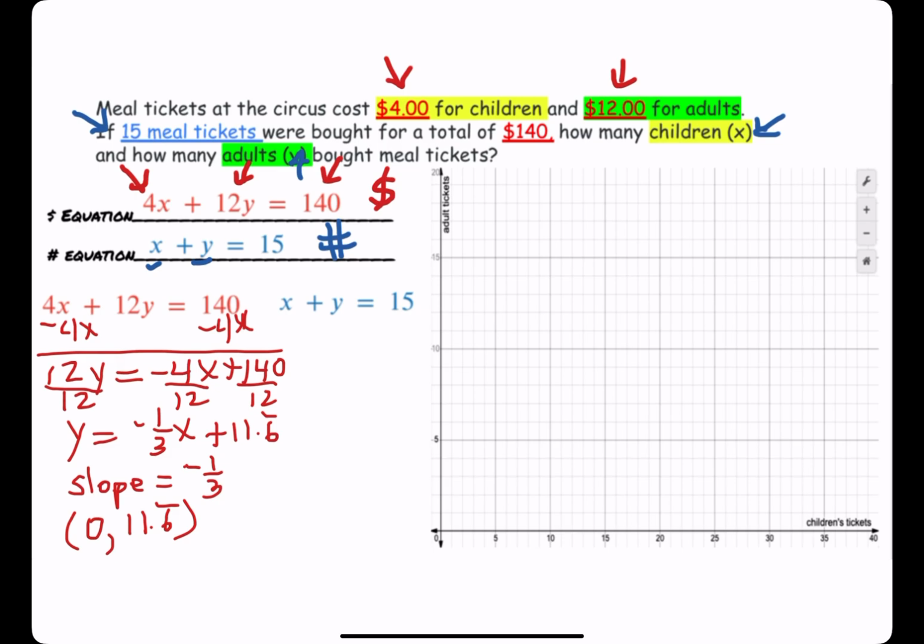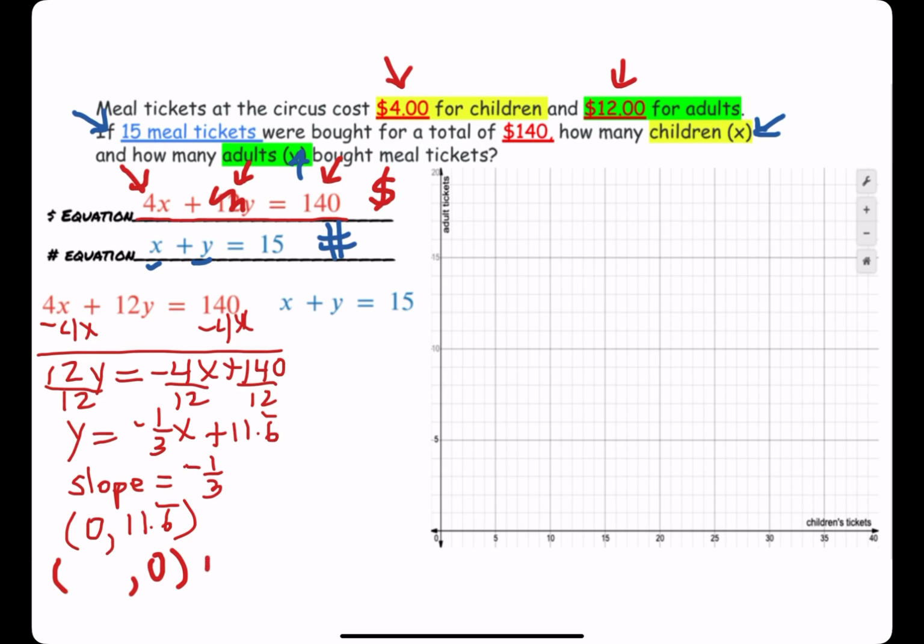And if I look carefully at the original equation, I think I can use the x-intercept. So remember, when using the x-intercept, make your y-coordinate 0. So I'm going to ignore the 12y, because 12 times 0 is 0.